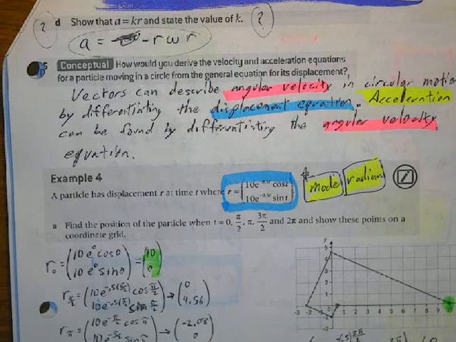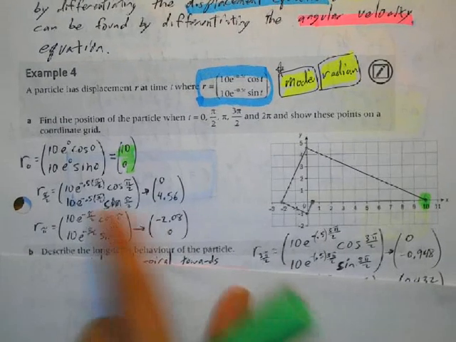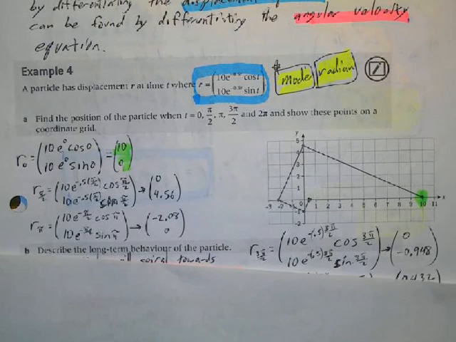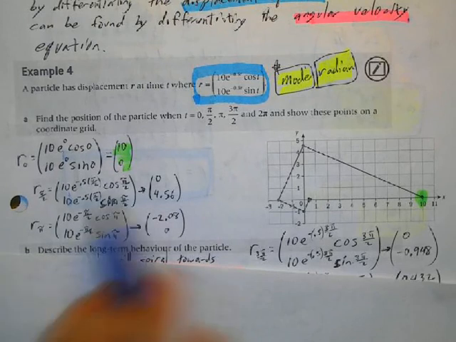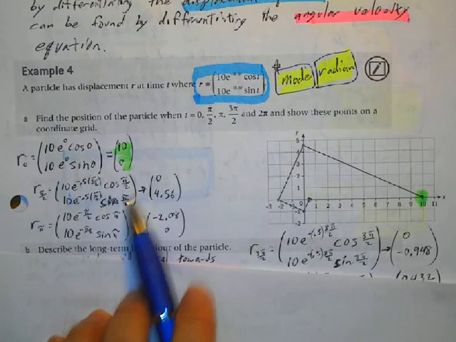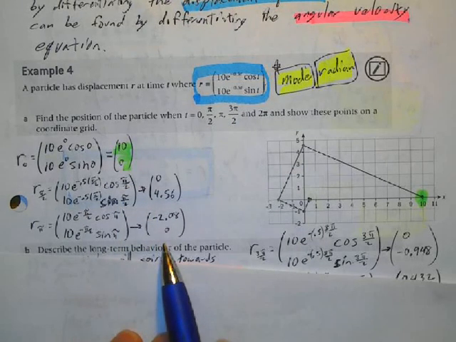I'm just going to show all this right now. It's very difficult to write out, so you can copy down some of this, you don't have to copy the whole thing down. If I replace t with pi over 2 in both places, then I'm going to get these coordinates. Same thing with here and here.